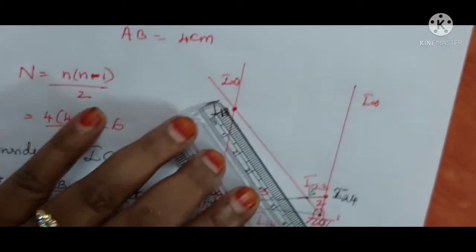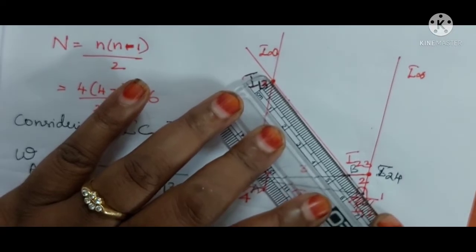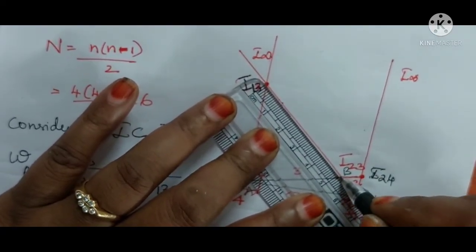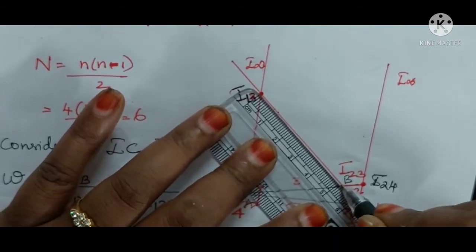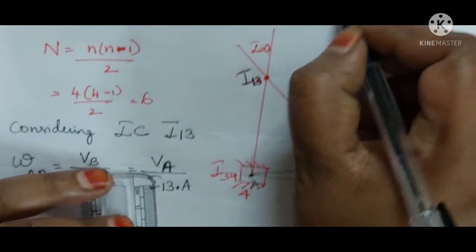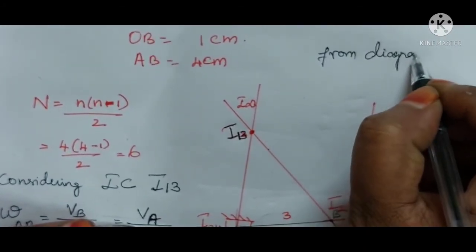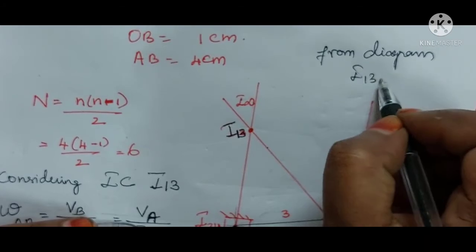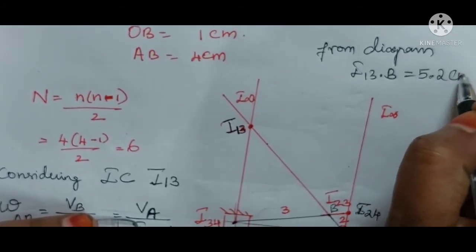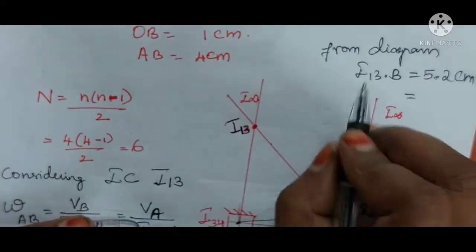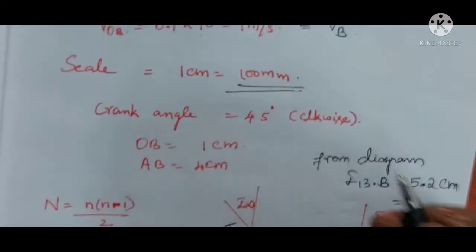So now I13 dot B, just take down this I13 dot B. So this particular point you will get 5.2. So you are getting 5.2 centimeters from the diagram. I13 dot B equal to 5.2 centimeters. If you are converting into millimeters, 5.2 into 100, I have taken that the scale is 100.